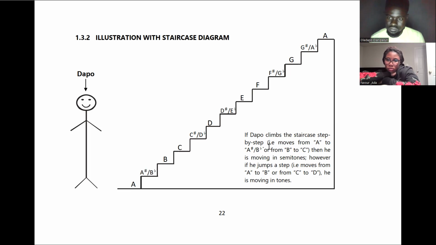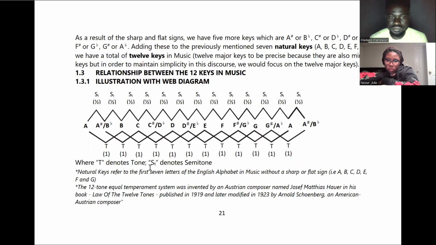So here where we have A sharp, it means we added a semitone to A. We can also call that same note B flat, because if we reduce B by a semitone, by half, we get B flat. A sharp and B flat mean the same thing.